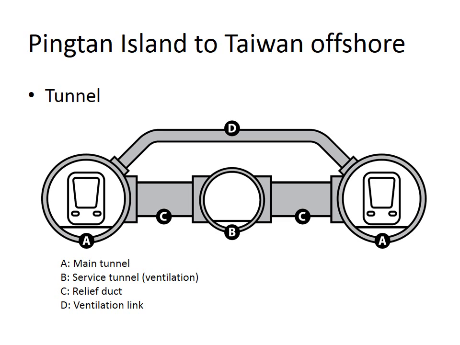And we can see from A is the main tunnel, which the high-speed rail track will be built in, and B is a surface tunnel for the ventilation purpose, and C is the relief duct in case of a fire or some emergency event occurs, and the people can be evacuated to the C area.